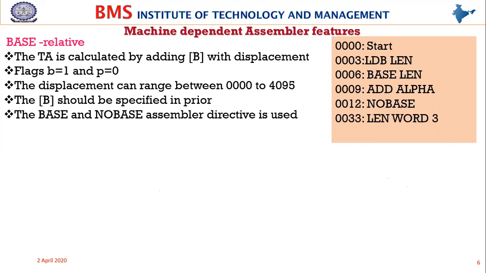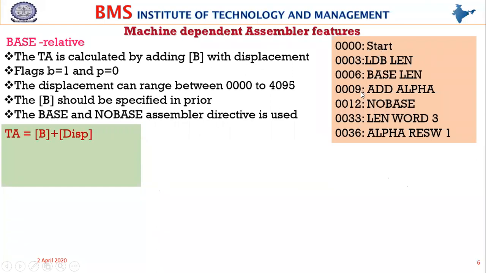And len is being declared in 0033, which is a word. Word means an integer constant, whose value right now is 3. And alpha is an integer variable, which is declared in 0036. Now load the B register with len. The B register will be containing the value 3.